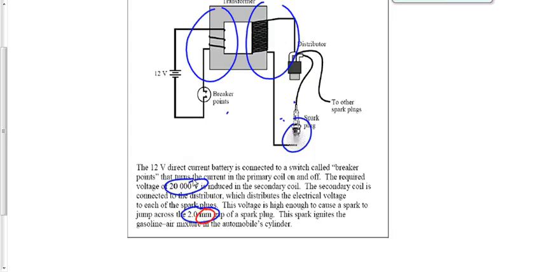In other words, we've got a potential difference of 20,000 volts. The gap distance is 2.0 millimeters, or 2.0 times 10 to the negative 3 meters. And we want to find the electric field strength there. Literally in between that gap, we've got a uniform electric field.